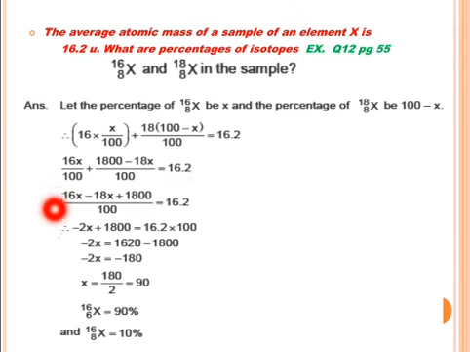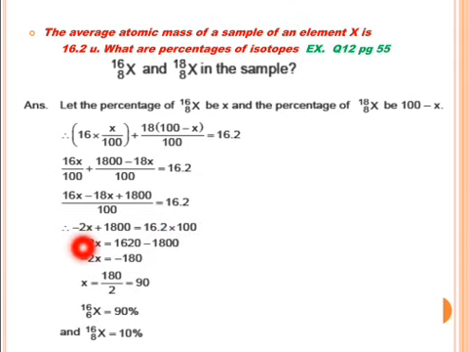Then on further solving, by subtracting 16x from 18x, it comes out to be minus 2x plus 1800 upon 100 is equal to 16.2. Then on cross multiplying, it comes out to be minus 2x plus 1800 is equal to 16.2 multiplied by 100.